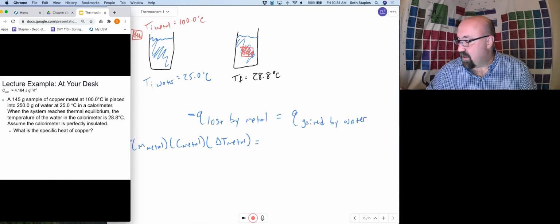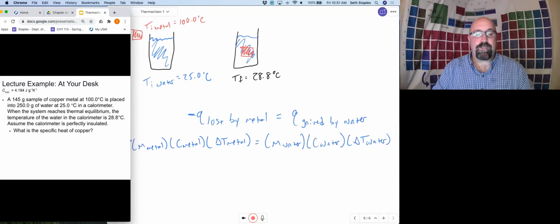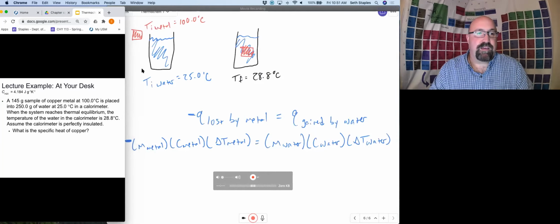That's going to be equal to our mass of the water times our specific heat of the water times our delta T of the water. And we have values for most of these. We know the mass of our metal, shrink that a little bit so we can see the negative sign.